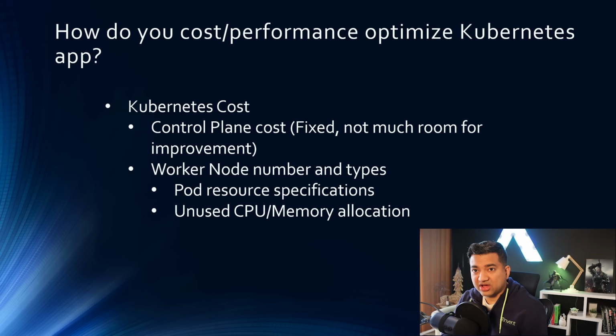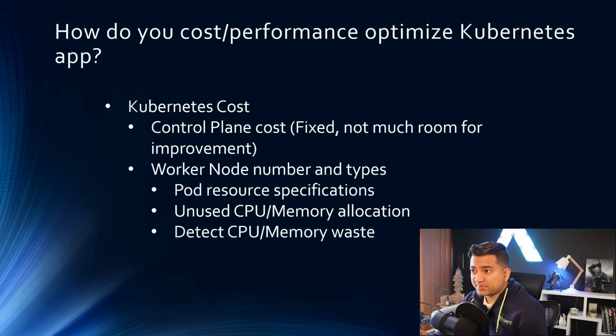This is where a lot of cost optimization comes in, because most of the time you will see unused CPU and memory allocation. Think about it like EC2, where you will allocate more CPU and RAM, like select a high tier EC2 even though you are not using it.